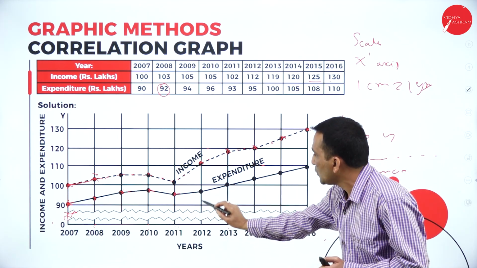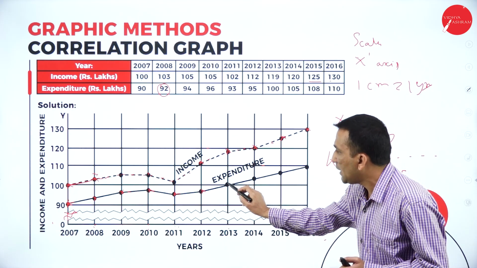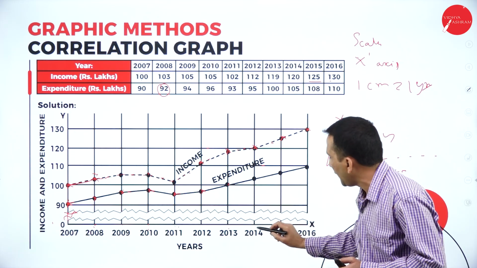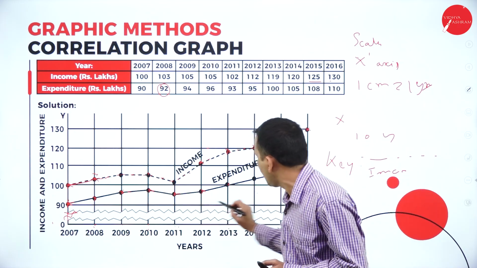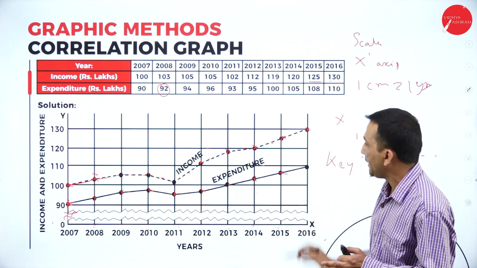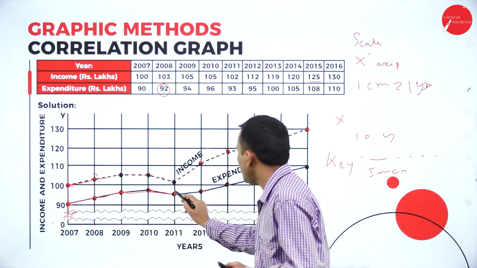In 2012 it is 95, and in 2013 it is 100, exactly 100. In 2014 it is 105. Like this, if you extend according to the year, now I can draw the dark line.